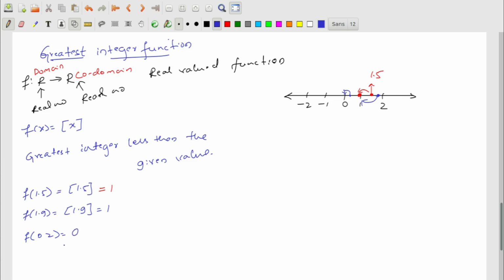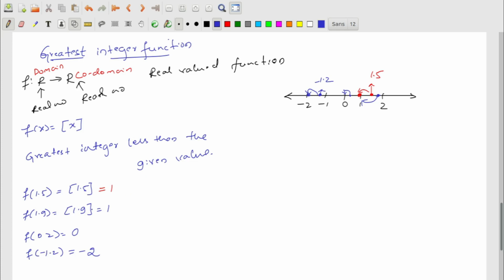If I take f of minus 1.2, we have minus 1.2 somewhere here, and the greatest integer less than minus 1.2 is minus 2. So the value of the function is minus 2.